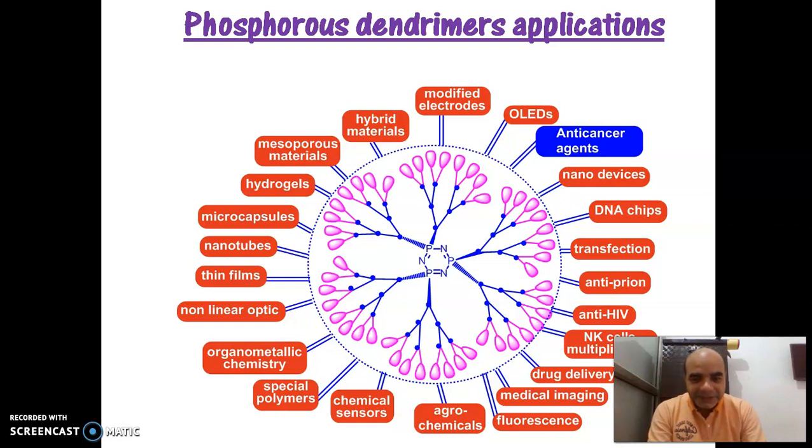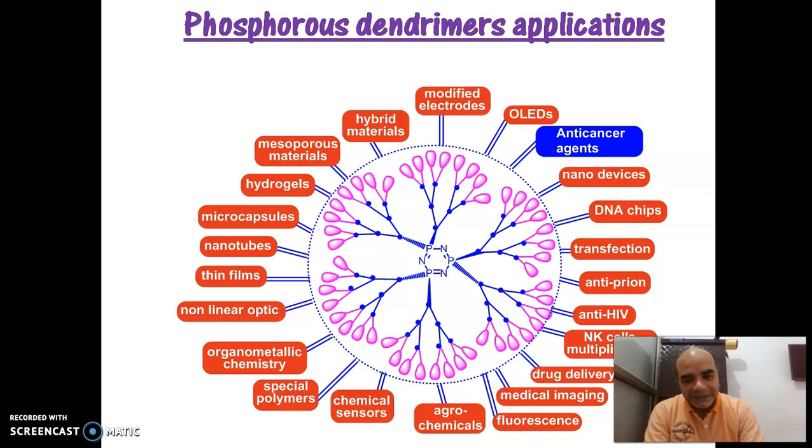Like it is reported that dendrimers are used in the field of hybrid materials, nanochemistry, optics, organometallic chemistry, chemical sensors, agrochemicals, fluorescence, transfection, and DNA chips. So how can a single molecule be applied in such diverse fields?